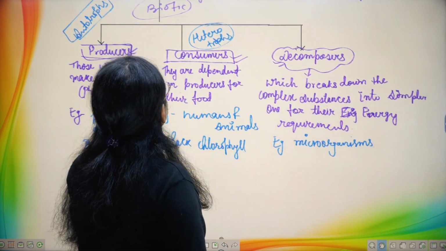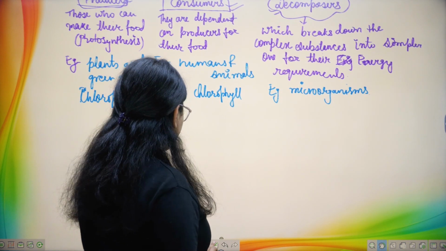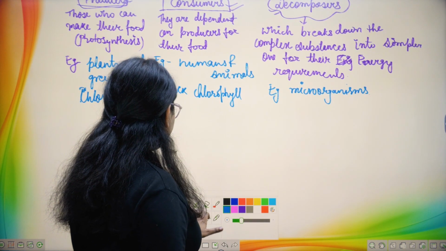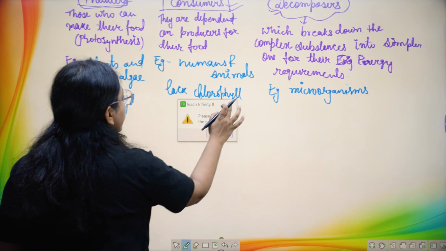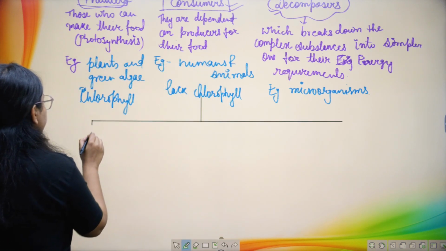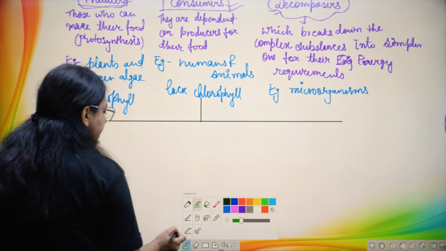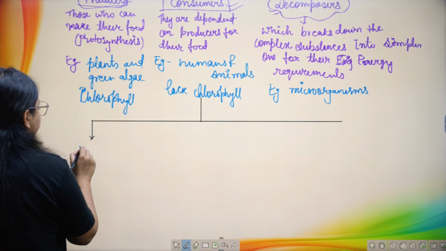Now consumers are also further classified. How? Let's see. Consumers are classified in four ways. First, they are called herbivores.